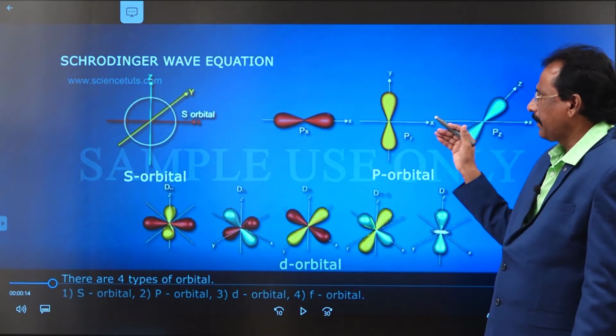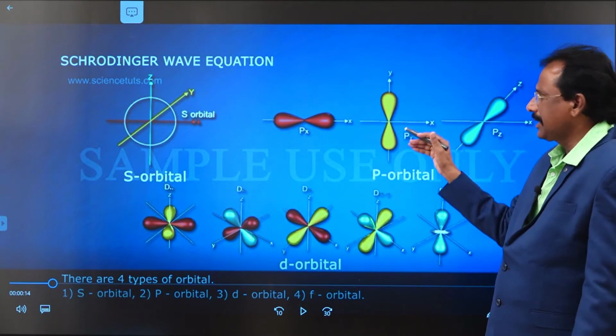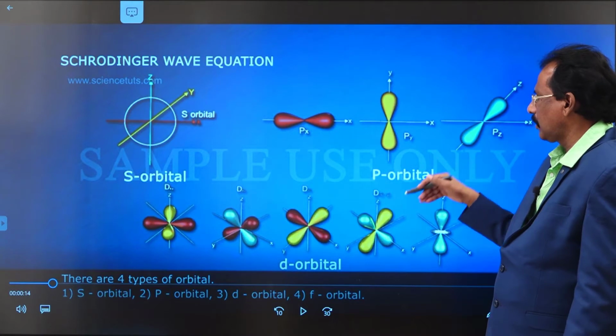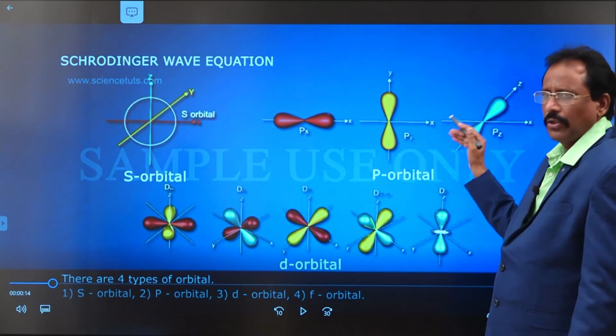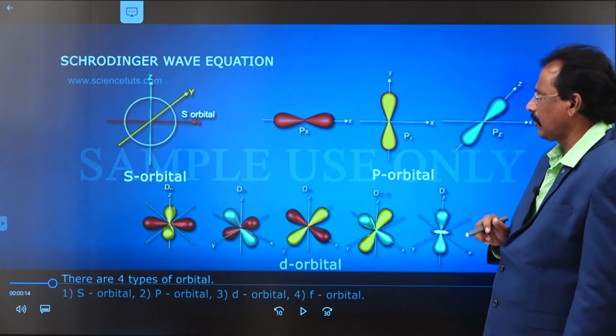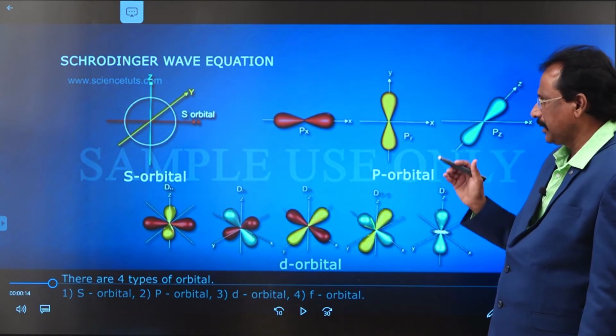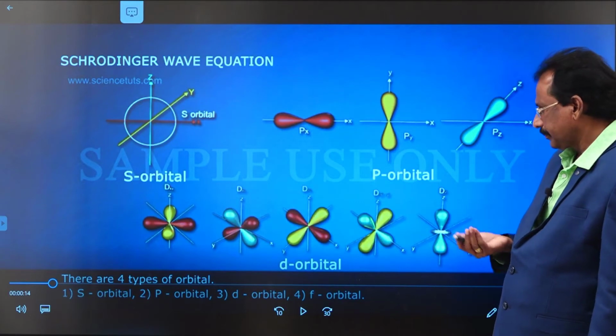So, for p orbital, L is equal to 1, so values of m are -1, 0, +1. That means the magnetic quantum number determines the spatial orientation of the orbital.